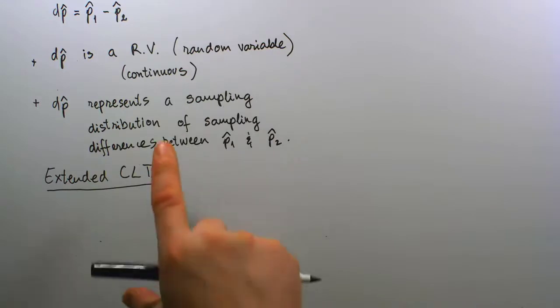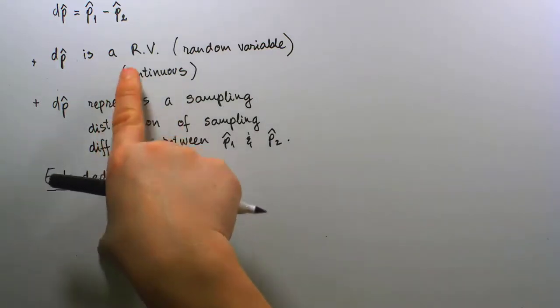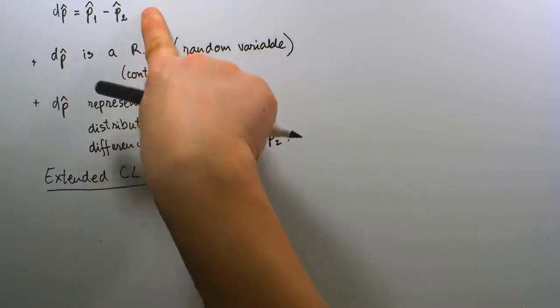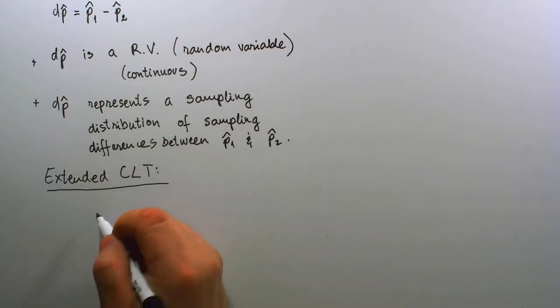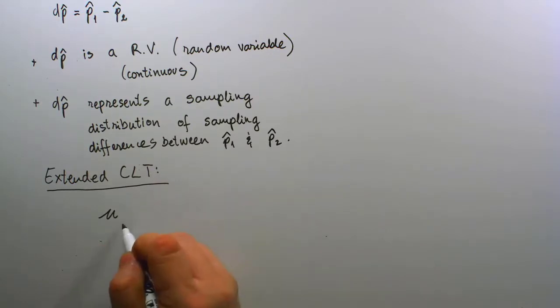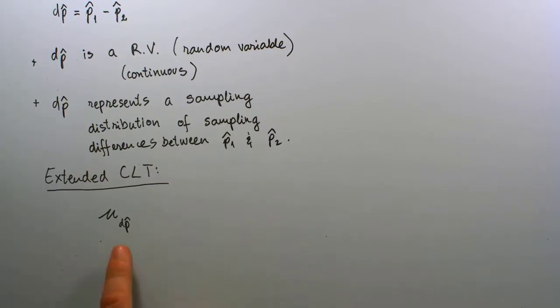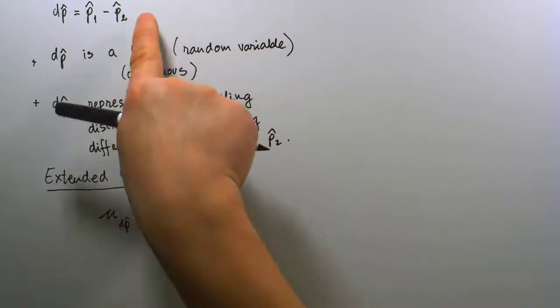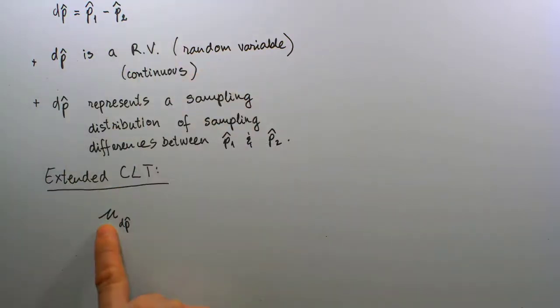And so since we have infinitely many values, because dp hat here is a continuous random variable, as we have already agreed, now I call mu the population mean value, but mu with a subscript dp hat. At this point I have to be clear that mu dp hat is my own notation. It means the average of all dp hat values existing out there, because we have infinitely many values for dp hat, and we can average out all of those dp hats.